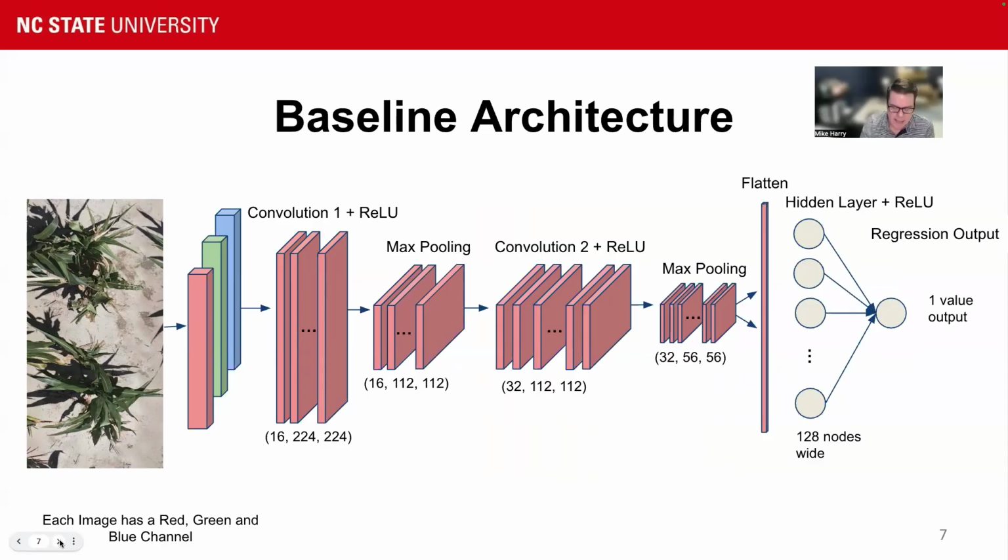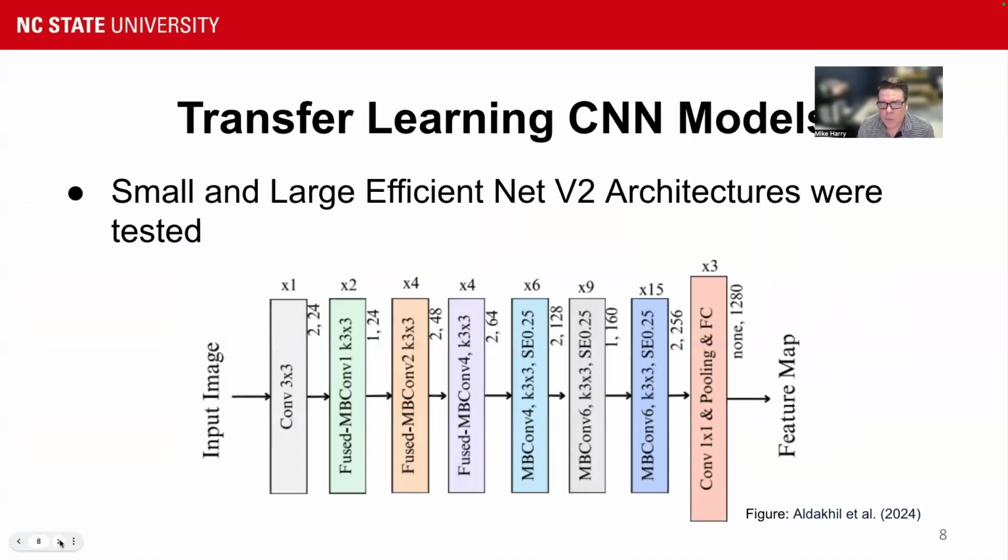From here, we added more convolutional layers, additional pooling, and fully connected layers, but still weren't seeing significant improvement in that model. As we shifted to the off-the-shelf models, we worked with EfficientNet Small and EfficientNet Large and started seeing much better performance, both in mean absolute error as well as an increase in accuracy.